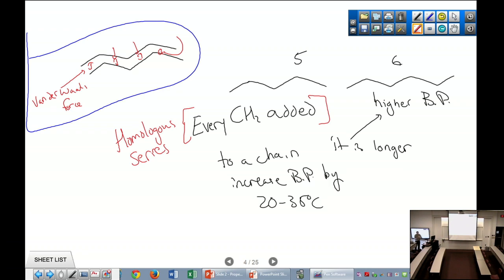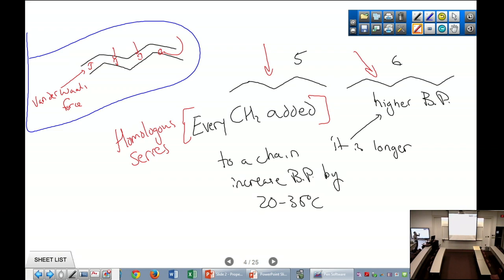So for every CH2 you add to a chain, you increase the boiling point by about 20 to 35 degrees. So pentane has a lower boiling point than hexane because hexane is longer. It has an extra CH2, right? So whenever you add a CH2 in a chain, that is called a homologous series.